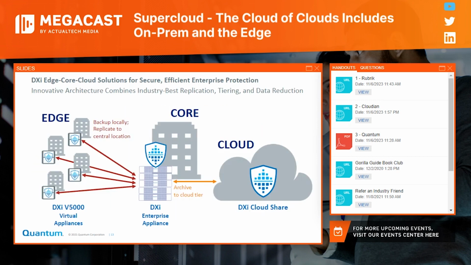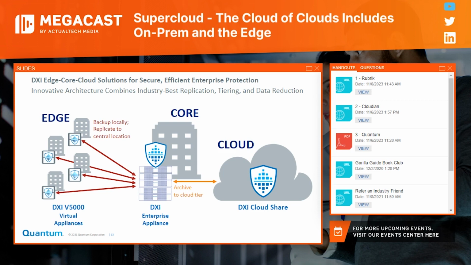So one of the things we've been actively talking about with customers most recently is this concept of using DXi appliances for edge, core, cloud solutions. And this is really focused on secure, efficient, enterprise protection across the whole environment.